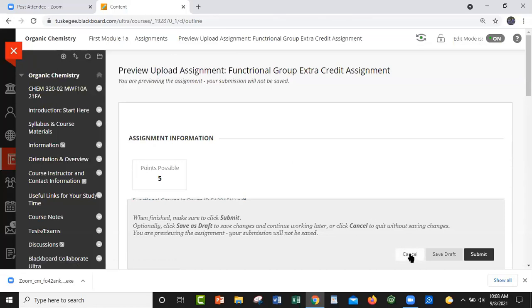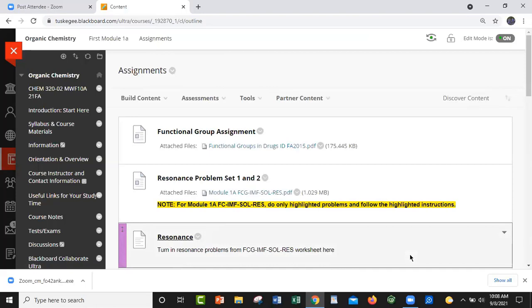I had accidentally submitted one of my worksheets to a different submission link, if that makes sense. But I wrote in the notes which worksheet is which. I think it was for the functional group. I put it in a different folder.